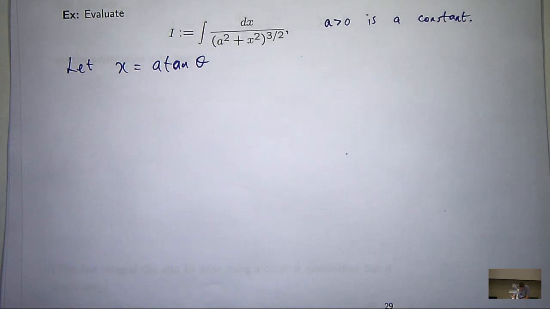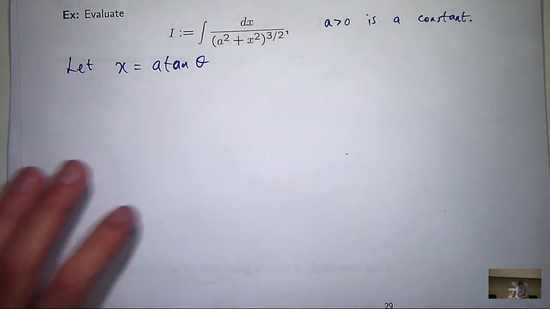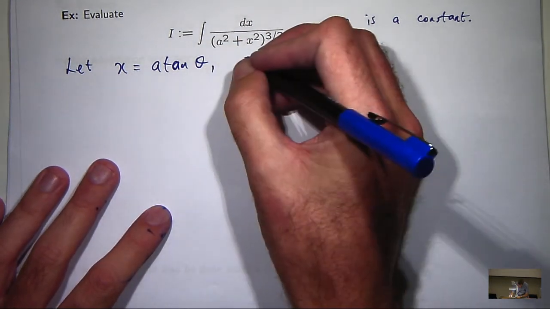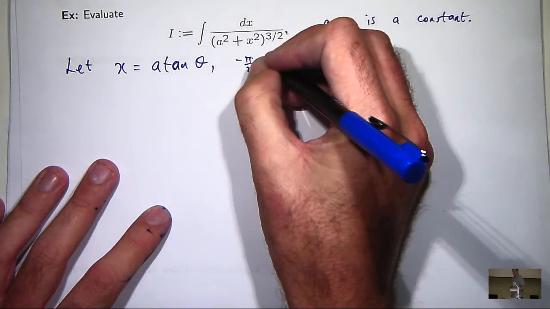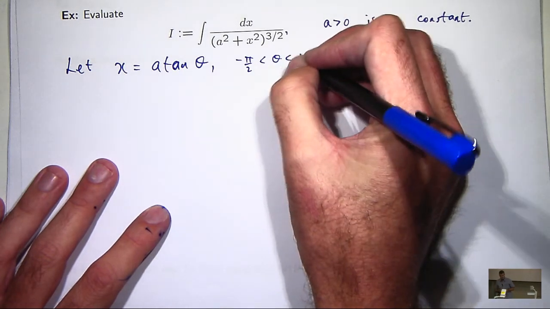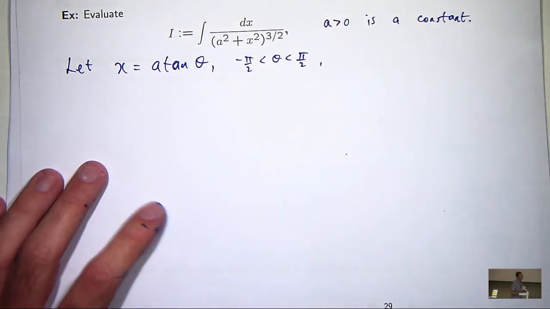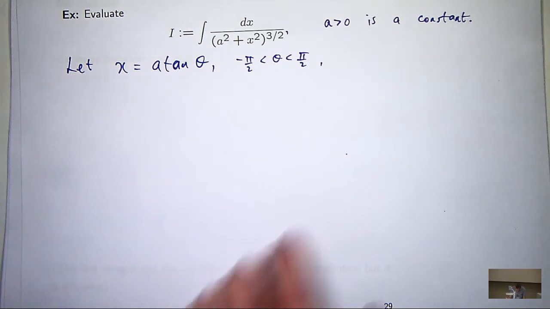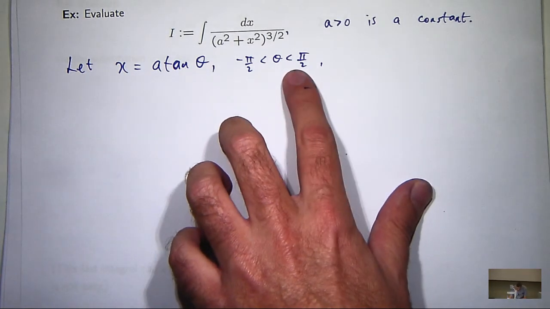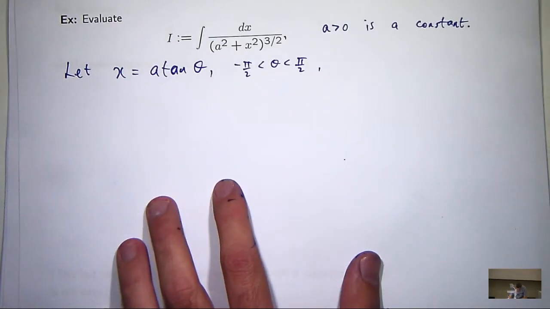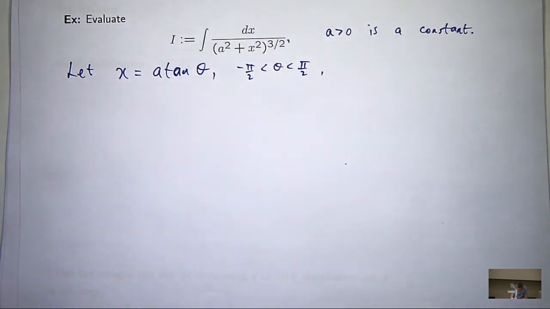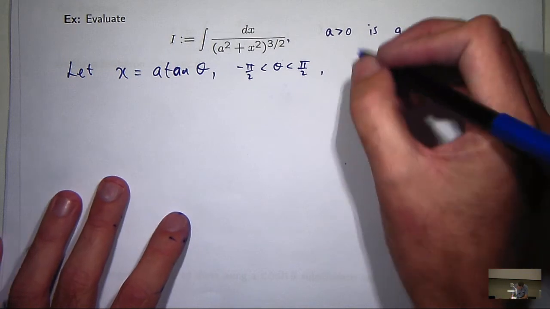Now there's no limits of integration to worry about, so it's a little bit more streamlined. So let's just substitute in. All right, so the top is going to be replaced with this, and the bottom is going to be something like this.